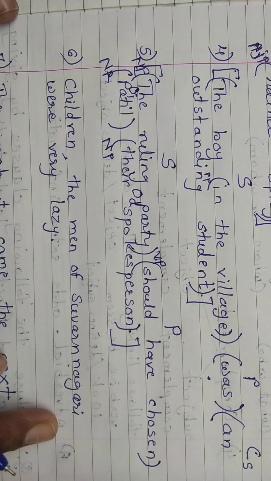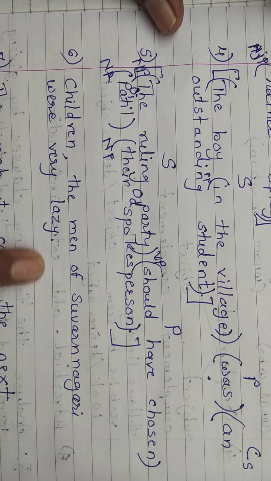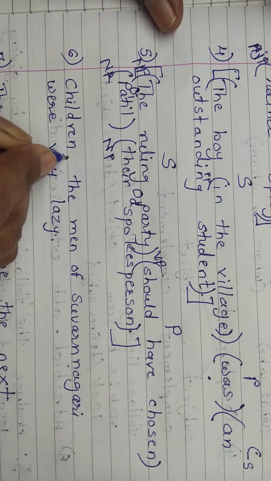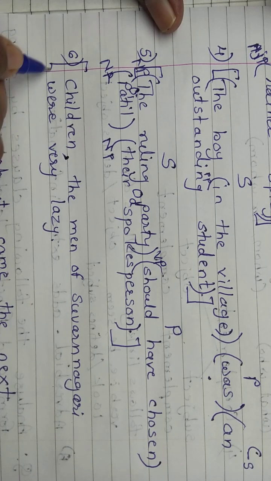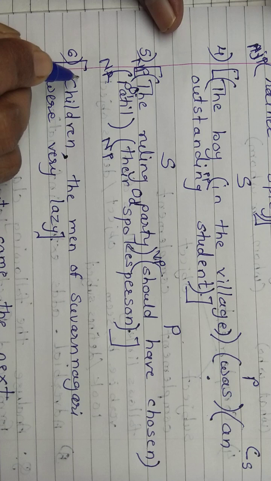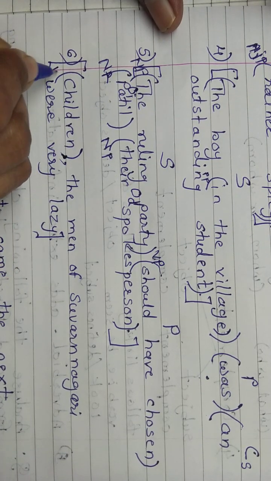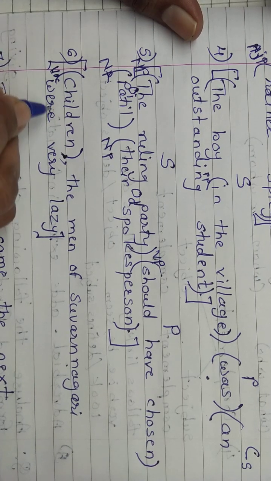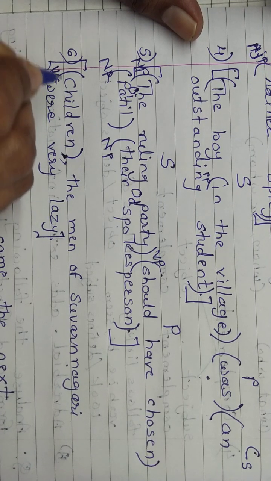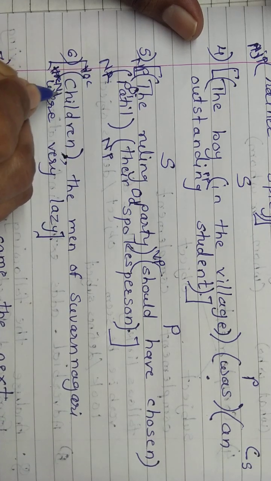Noun phrase, verb phrase, again noun phrase, again noun phrase. Children, the men of Suvarnanagari were very lazy. See, it is differentiated by a comma. So it's a vocative, a vocative noun phrase.